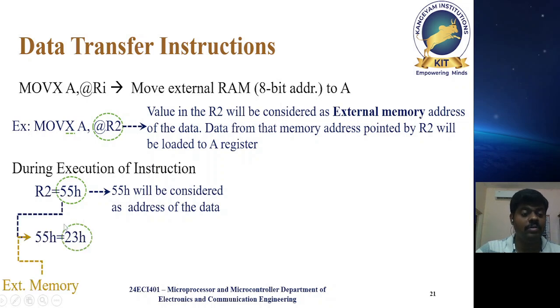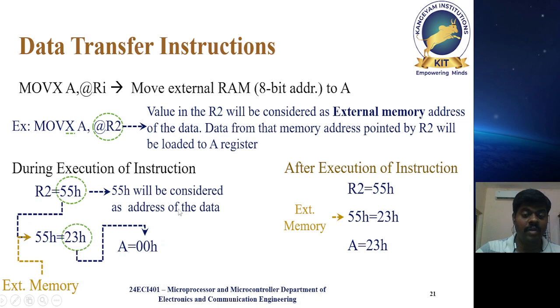So from that memory location the data will be processed and moved to the A register. This external memory will be having 23, so that value will be loaded into the A register.